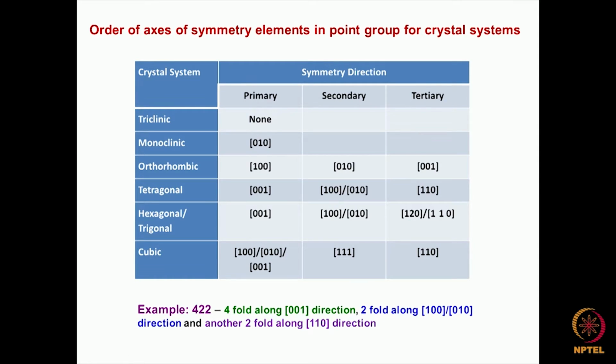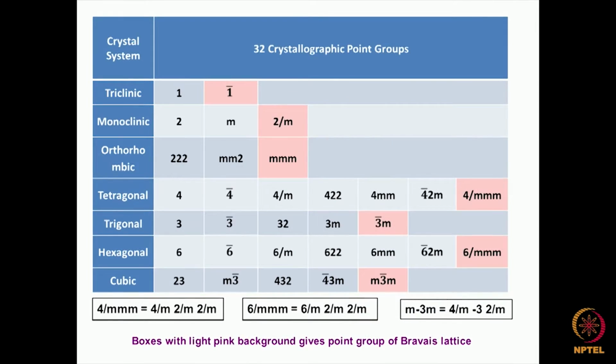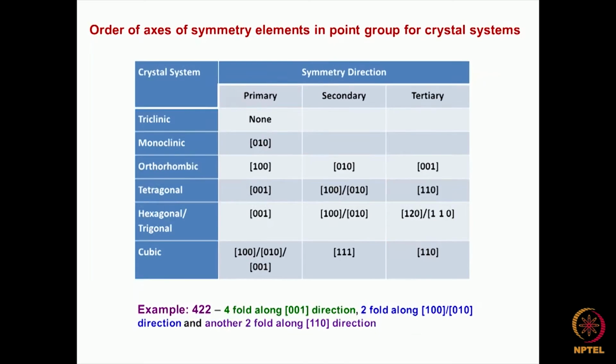If we take 4 3 2, that means fourfold along any one of the A, B or C axes, 3 along the 1 1 1 direction, and twofold along the 1 1 0 direction. So from this one can very clearly understand the coordinate system which is being used to represent the various symbols given here for the 32 point groups.